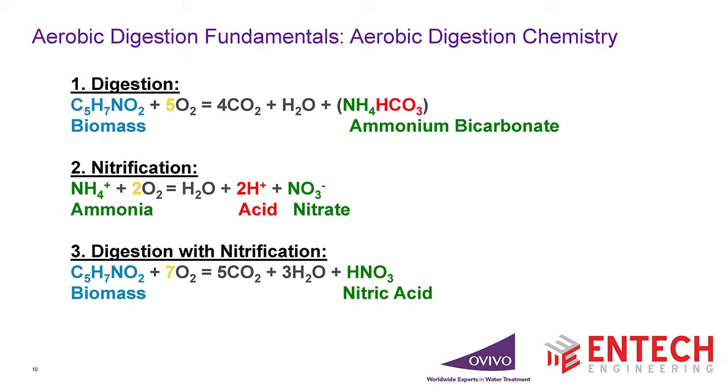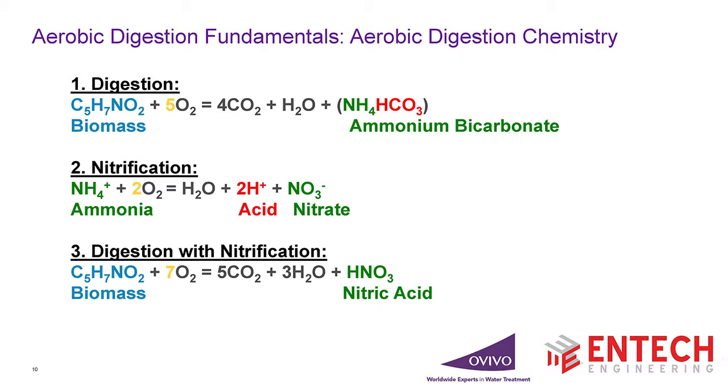We actually make some alkalinity, some buffering capacity, and this becomes important because we're also going to make some acid, and we need the buffering capacity to keep a stable pH. On the other hand, the fact that we produce and consume alkalinity allows us, if we wish, to use pH as an indicator of what's happening in the process.